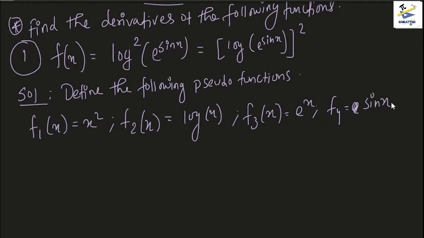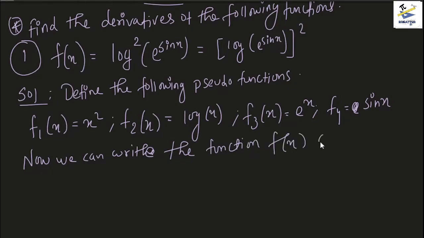So this is our total thing, and now we can write the function f of x. What do we actually want to do? We want to see that the first function is the square, the next is log, the next is exponential, the next is sin x, right?